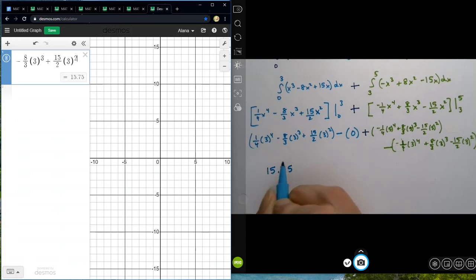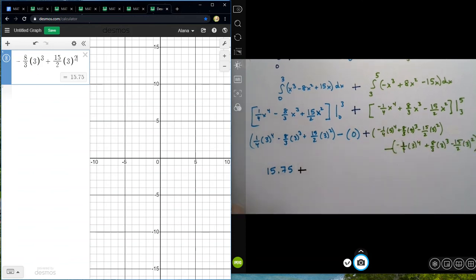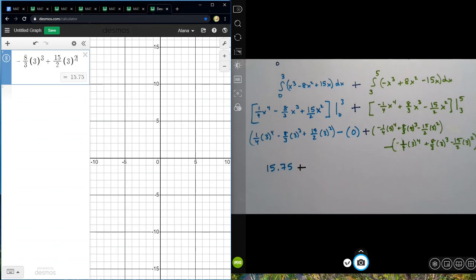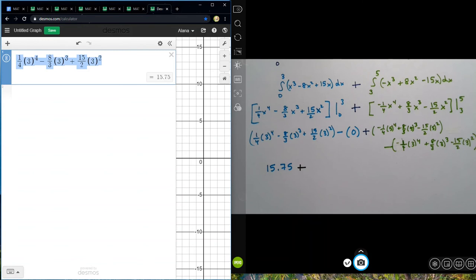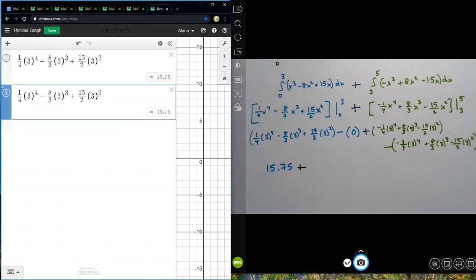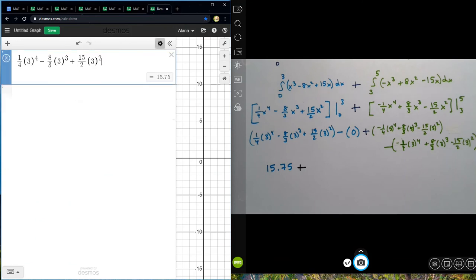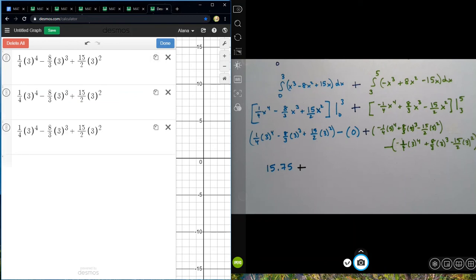So 15.75 minus 0, so I don't have to worry about that, plus, I need this number. All right. Well, it'll be easy if I could just copy and paste this. I'm going to do it twice here. Oh, there is another way to do that. Let me show you. So if I go to the little gear and then I click duplicate, it'll make it twice. That's another way to do it besides copying and pasting, especially if it's longer.